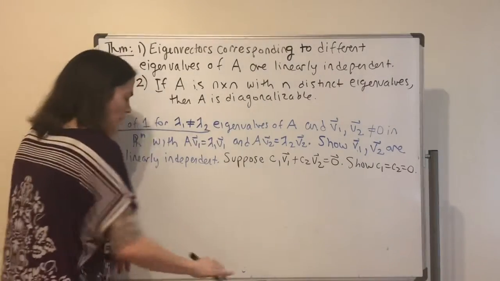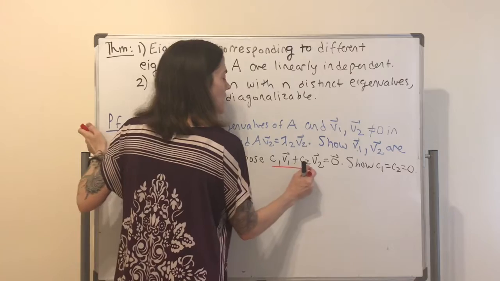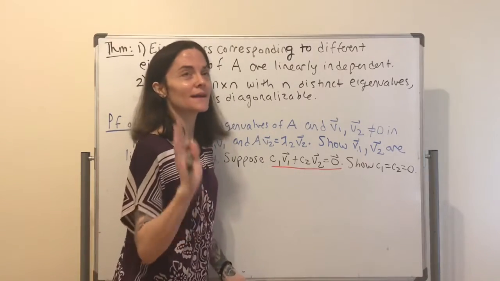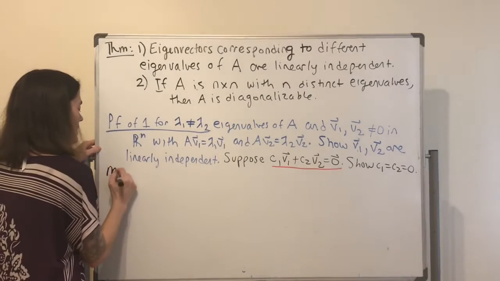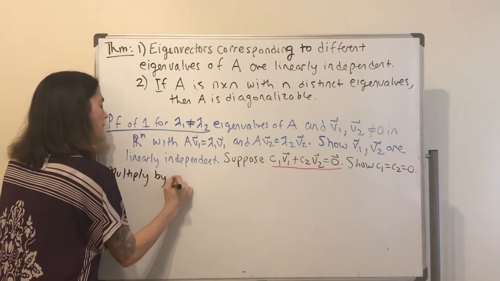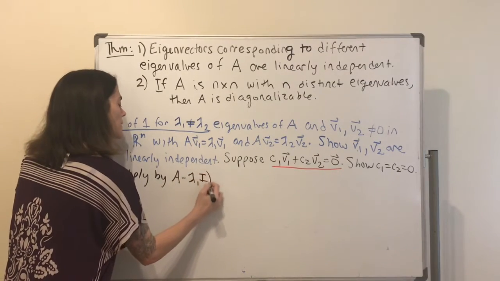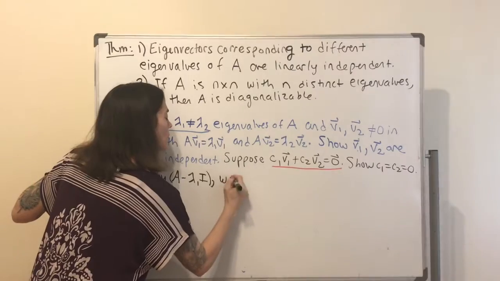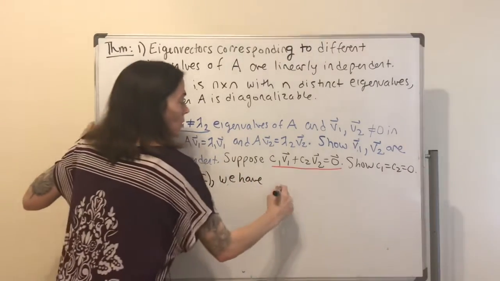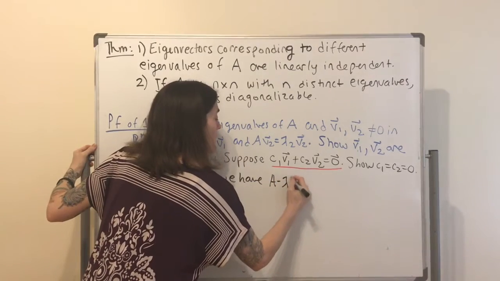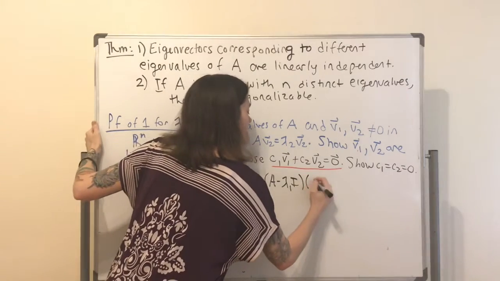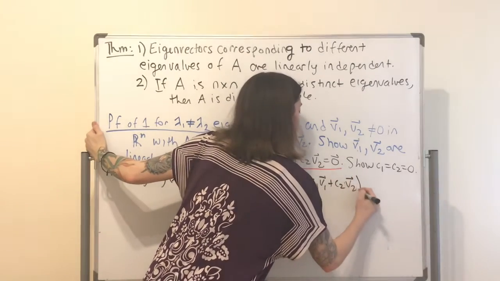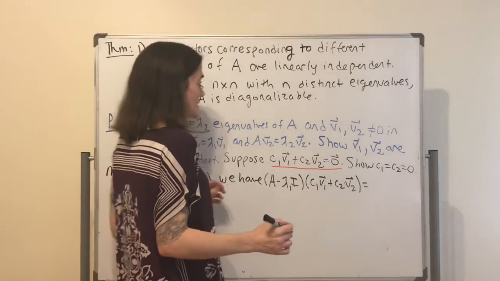Okay, well, I'm going to work with this right here. And one thing that I can do is multiply both sides by A minus lambda 1 times I. So if we multiply by A minus lambda 1 identity, we have A minus lambda 1 I times C1 V1 plus C2 V2 is, well, what's any matrix?